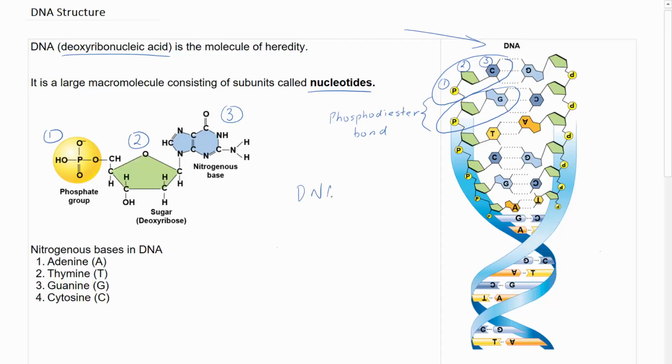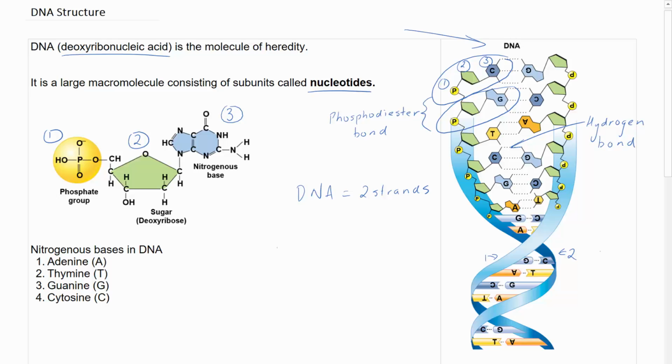DNA consists of 2 strands of nucleotides. So here is one strand here, and a second strand here. And those 2 strands are bonded together in the middle by a hydrogen bond that forms between 2 nitrogenous bases.